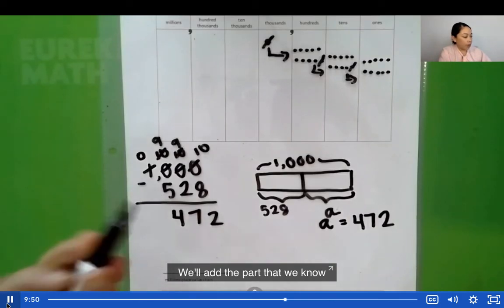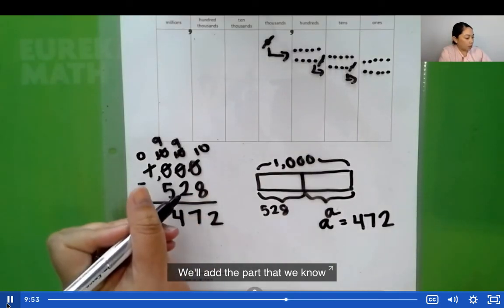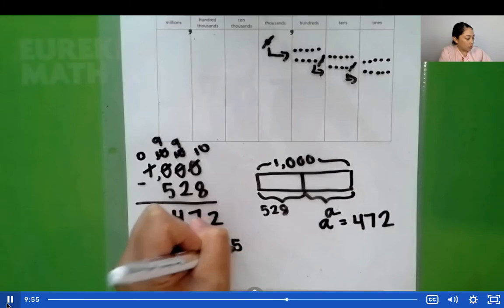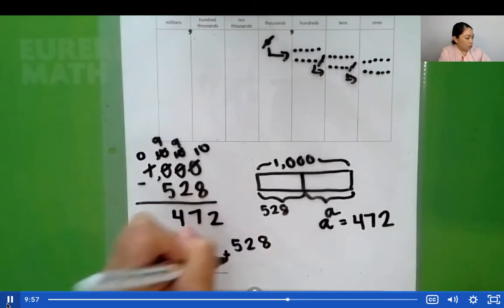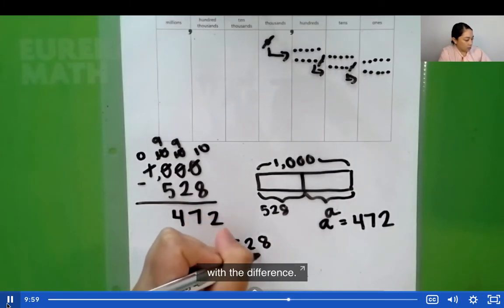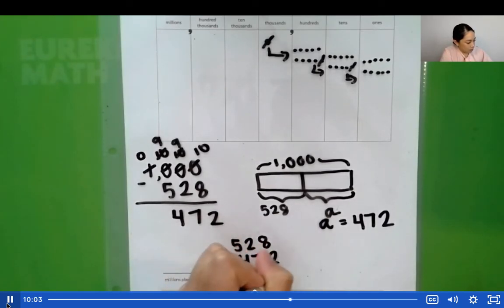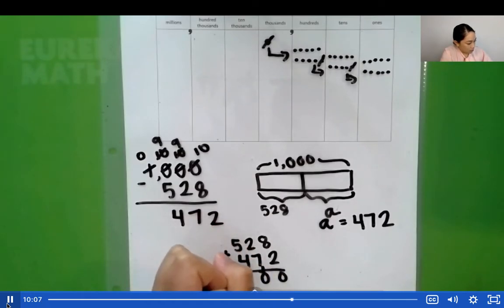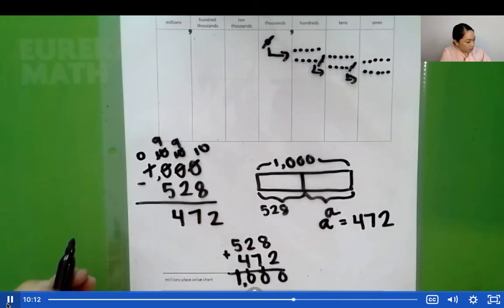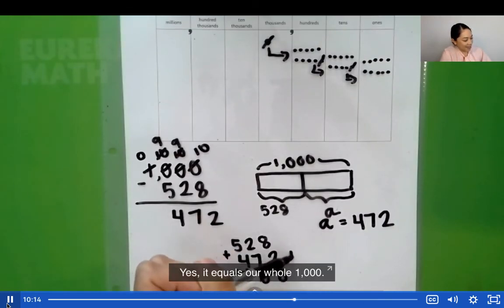We'll add the part that we know with the difference. Yes, it equals our whole of 1,000.